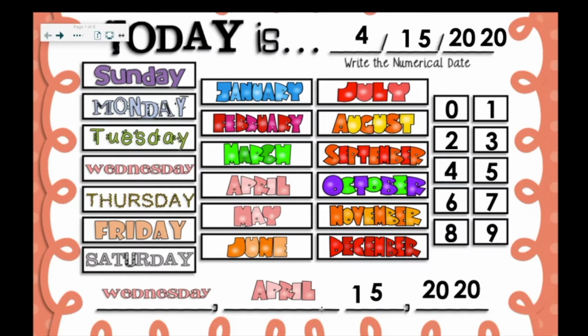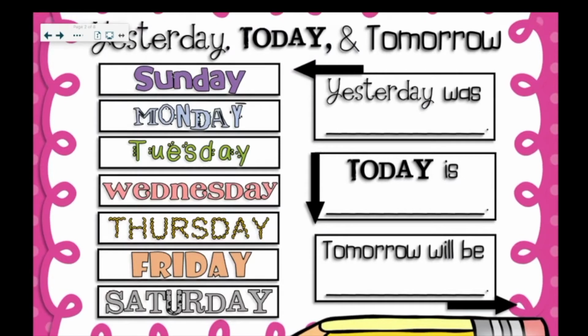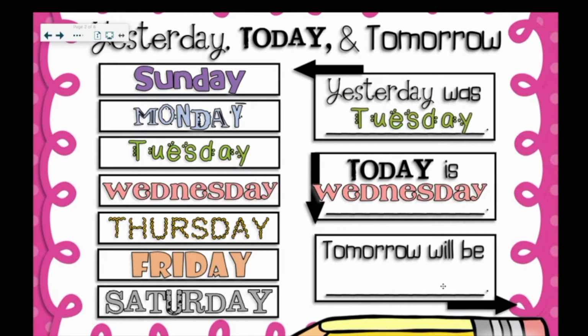Wednesday, April 15th, 2020. All right, so here's our days of the week: Sunday, Monday, Tuesday, Wednesday, Thursday, Friday, Saturday. So today's day of the week is Wednesday, which means yesterday was Tuesday, and tomorrow will be Thursday.